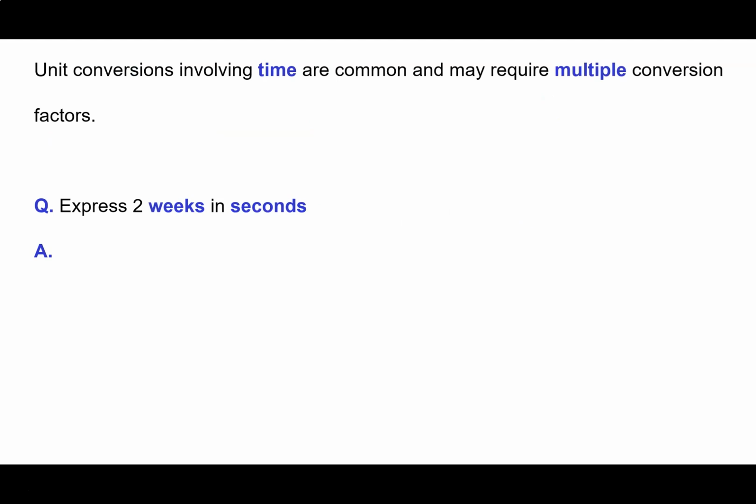Sometimes when we're doing unit conversions, we'll have to put multiple conversion factors together in a sequence in order to achieve what we want to do. A good example of that is when we're converting units involving time. For example, if I wanted to convert 2 weeks into seconds, most people wouldn't know off the top of their heads how many seconds are in a week, and they would do something like this.